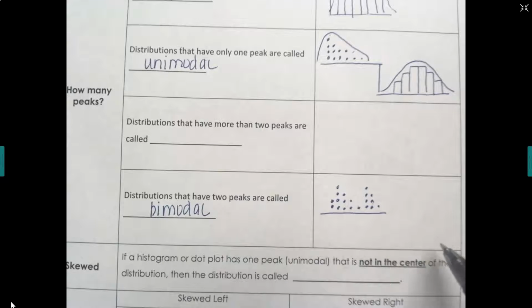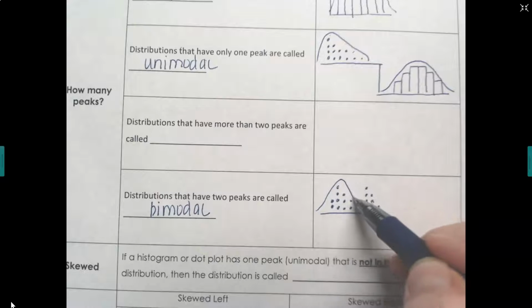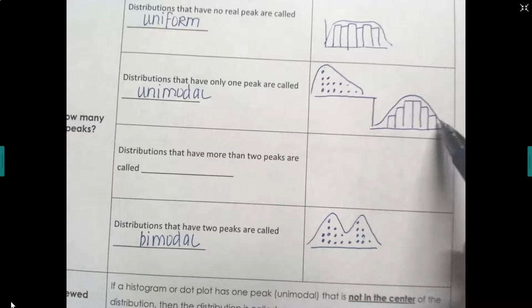Envision a blanket going over the top of it. It would go up, sag between, and then come up again. That's bimodal. This other one still has two modes, but because they're side by side like that, they only make one peak. When they're separated, that's when we call them bimodal. That's pretty important to remember.